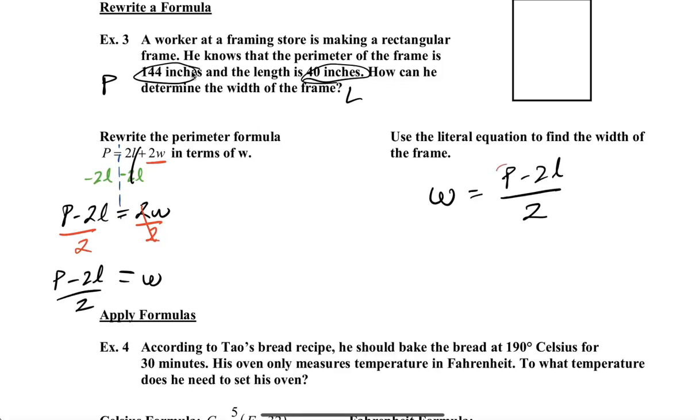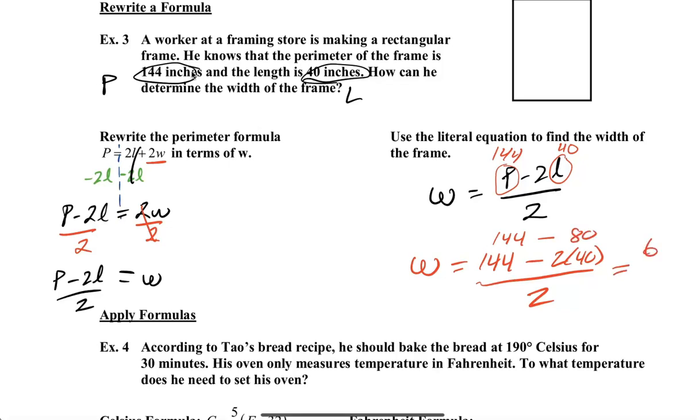We know what P is, 144, and we know what L is, 40. So if we substitute it in, we get 144 minus 2 times 40 all over 2. We get 144 minus 80, which is 64 over 2, which is 32. So that should be the length of our width, 32.